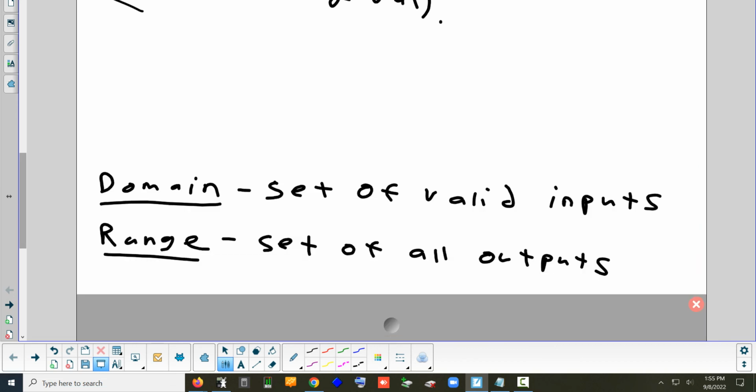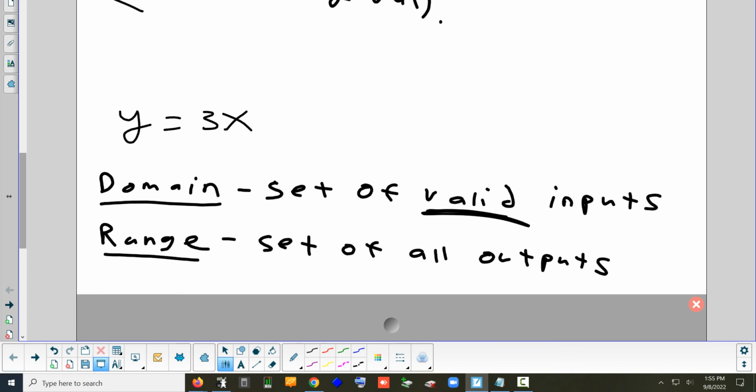So, yeah, I already said this to you pretty much, but domain, that's what you're allowed to plug in. Range is the answer you get. If you had a formula like this, y equals 3x, what numbers are you allowed to triple?